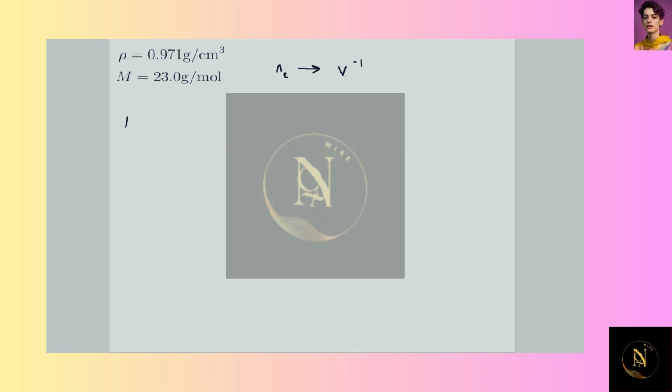So in order to get this value as a per unit volume, given the dimensions that we've got, we can say that our density of charge carriers N_e will be something along the lines of density over mass. However, we know that sodium, we're told in the question, is monovalent.